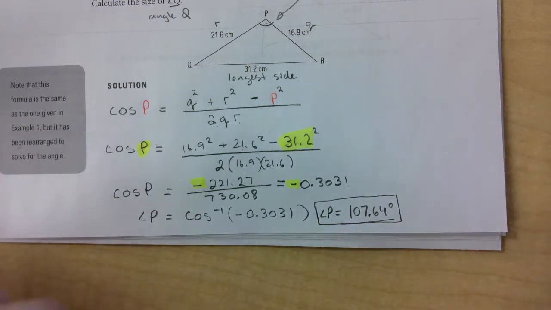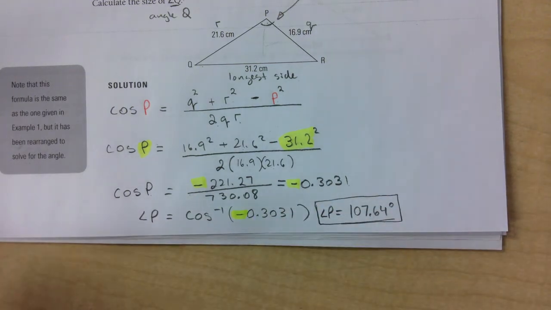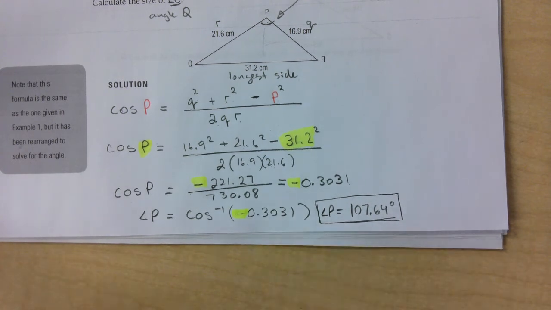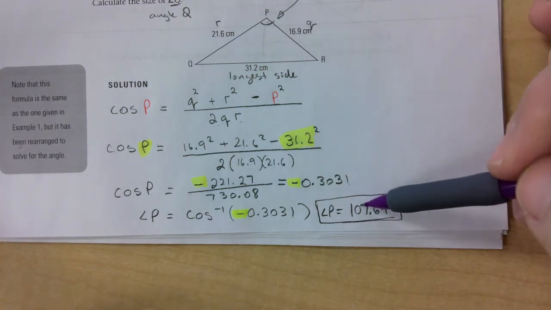And I will highlight the negative. And you get that. So this is P. This is not Q. This is that big largest angle here, which you just found.